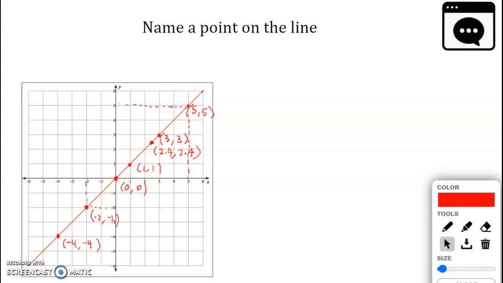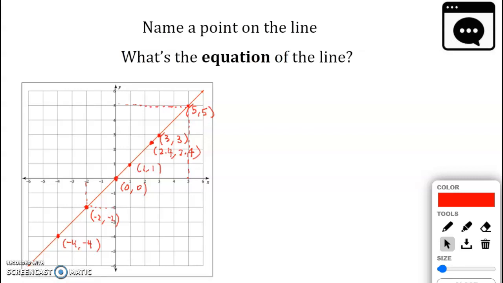So then if that is the case, what do you think is the equation for this red line? The relationship between x and y is that x and y have the same value. Putting that into a mathematical equation, what do you think will be the equation of this line?